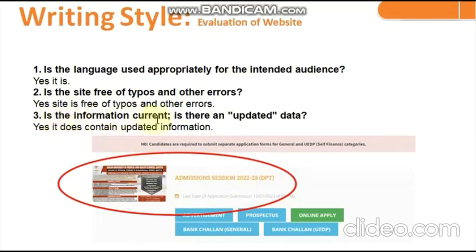Is the information current? Is there updated data? Yes, in the website it was mentioned that the admission session is from 22 to 23. It was updated according to the time, and the forms were given according to the year.